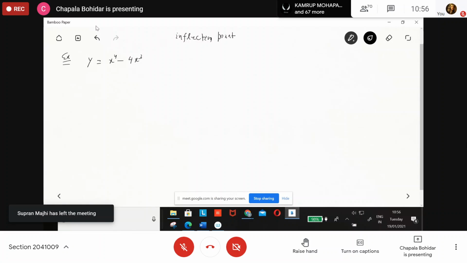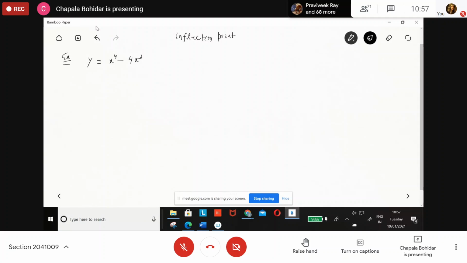Discuss the curve y is equal to x to the power 4 minus 4x cube, with respect to concavity, points of inflection, and local maxima and minima.